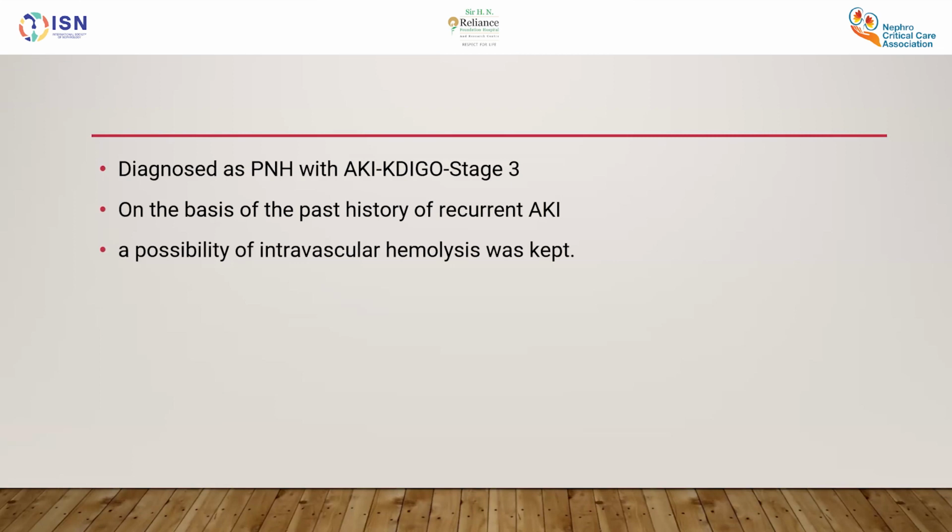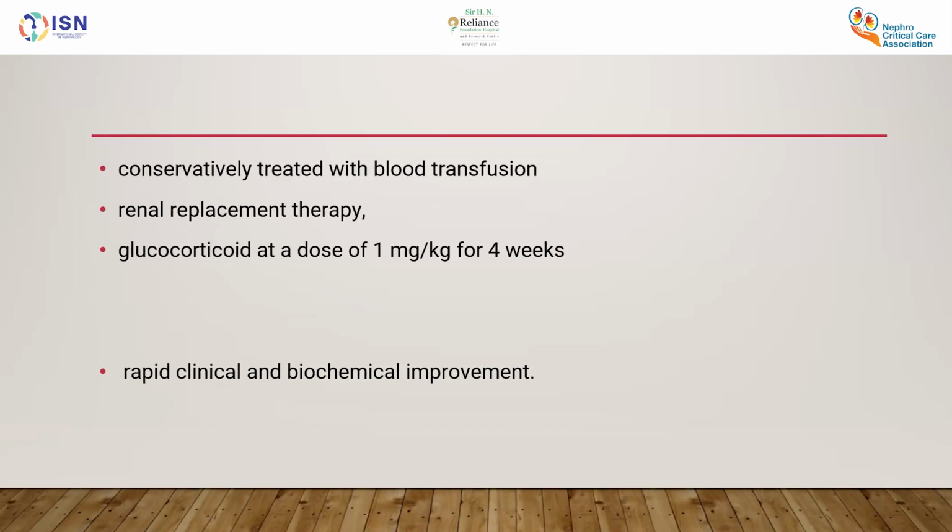Here the possibility of intravascular hemolysis was kept. This patient was managed conservatively with blood transfusion initially, then the patient required RRT because of oliguria and fluid overload. A glucocorticoid trial was given, almost 1 mg per kg for 4 weeks, and after 4 weeks there was good recovery, with clinical and biochemical improvement.